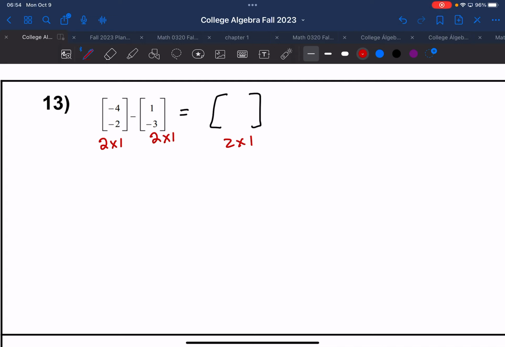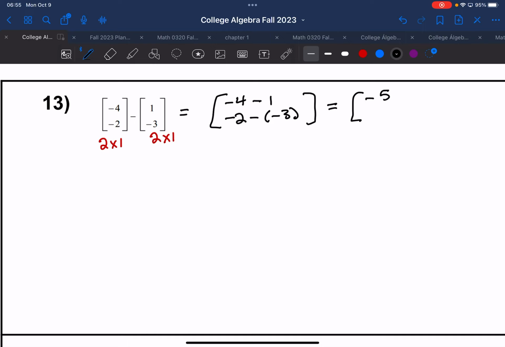So for example, and let me erase this part so I can write it out step by step. In the first one, we have -4 minus 1. And then we have -2 minus a -3. Okay? This is me writing it out step by step. All I did was subtract across. If I simplify this, -4 minus 1 is -5.